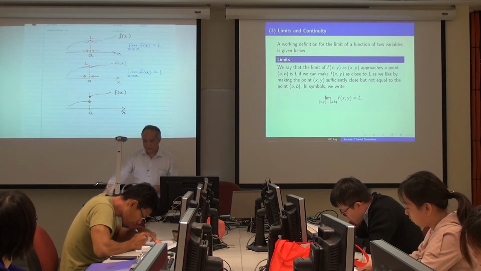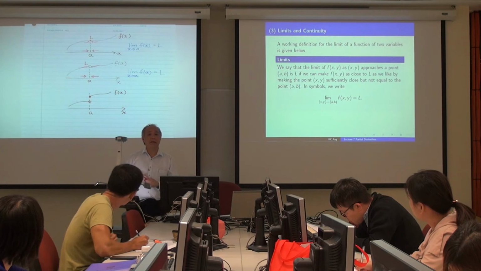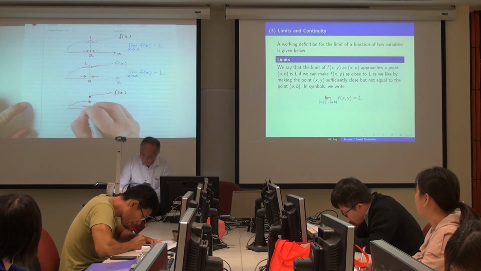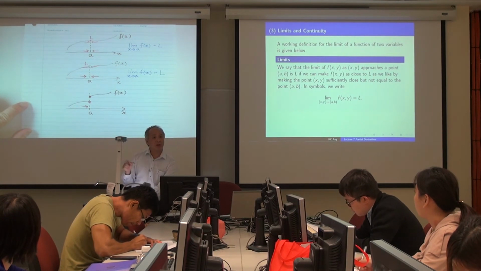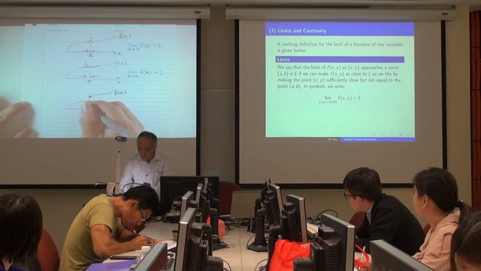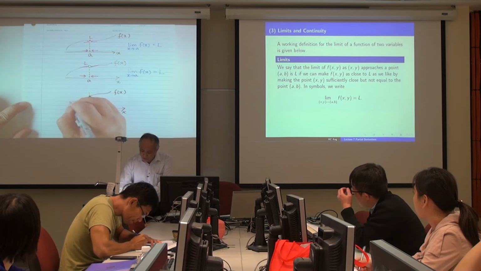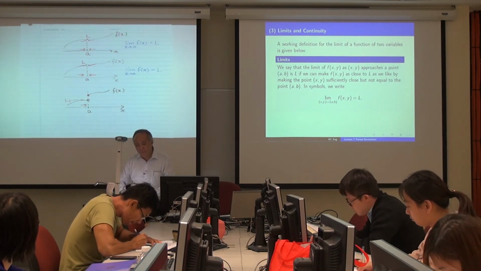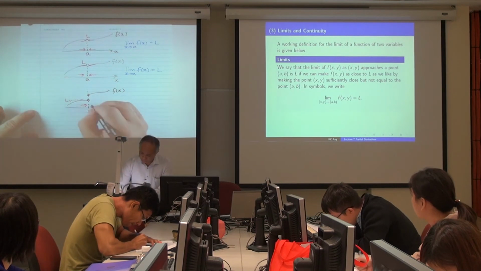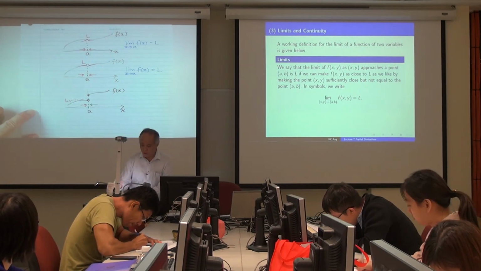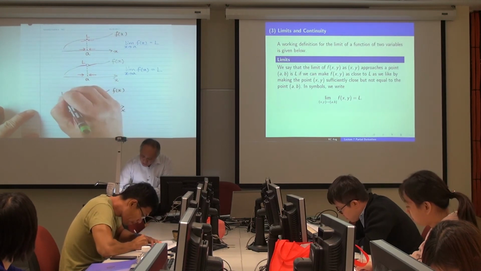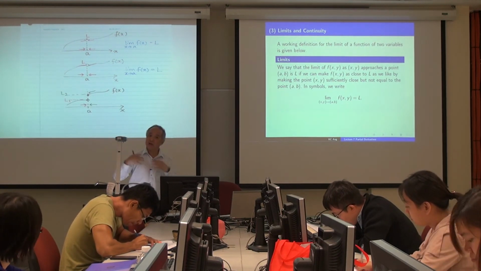Clearly in this case, if you approach A from below, eventually you get very close, your function value takes this value L1. But if you approach A from above, your function value approaches this point and takes the value L2. They are not the same.